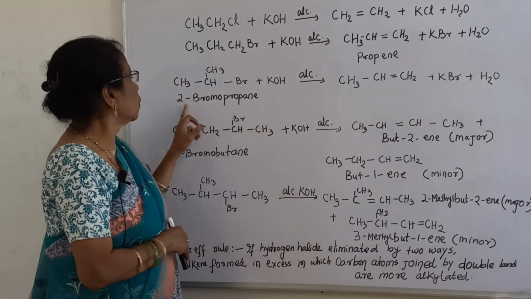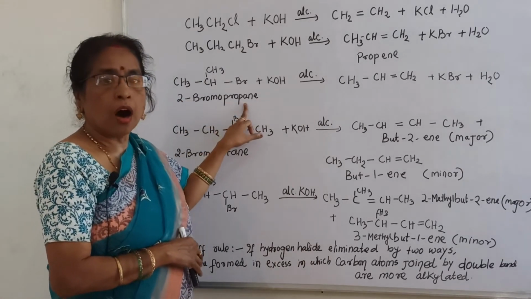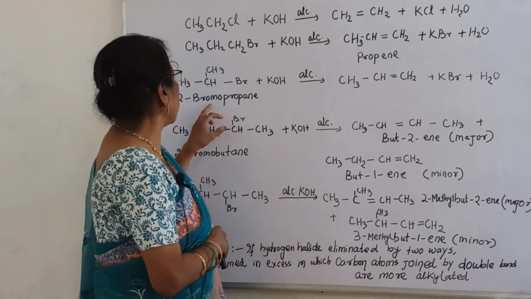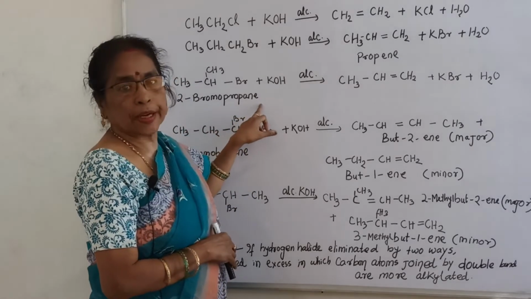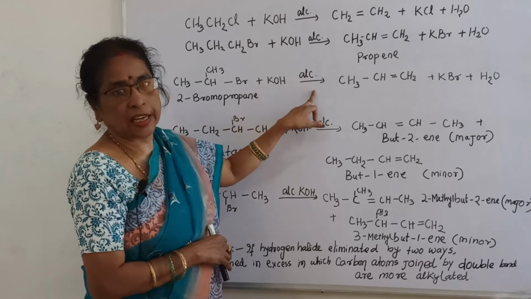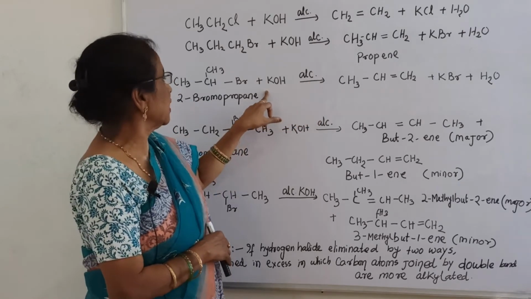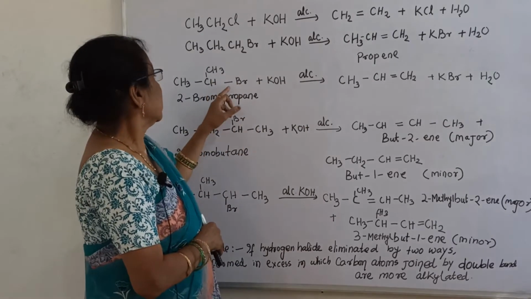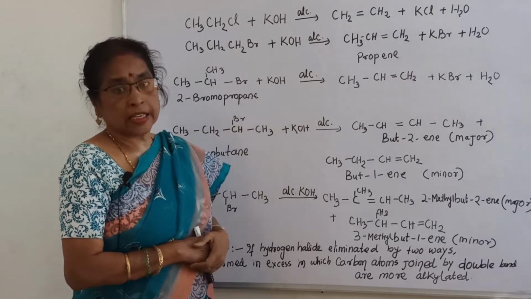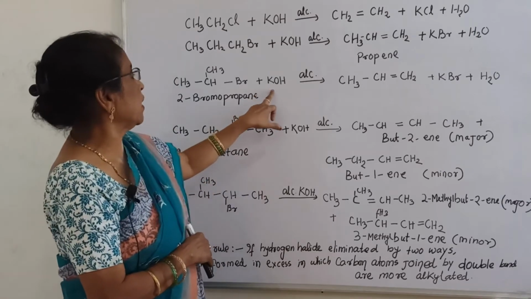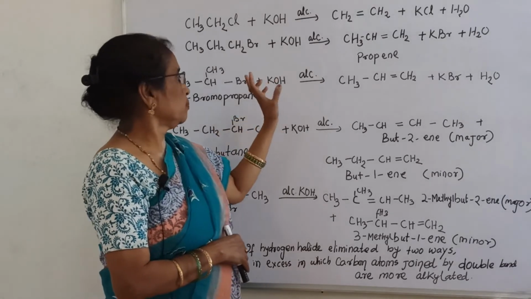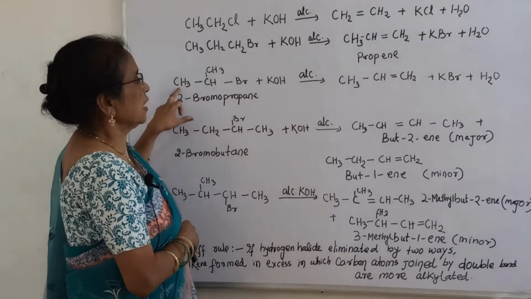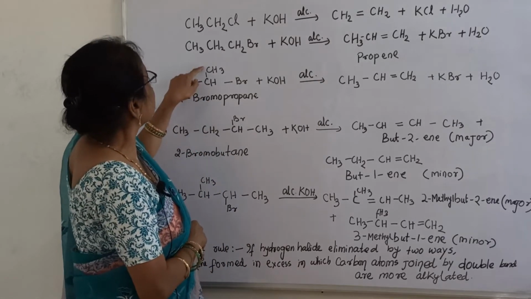Then come to 2-bromopropane, in common name called isopropyl bromide. When alcoholic KOH reacts, the same Br and H give HBr as the byproduct, and HBr reacts with KOH to give KBr and water. See here CH3, CH, CH2.